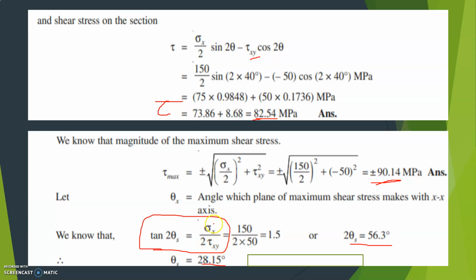Simplify this, you get 1.5. So 2 theta s is equal to tan inverse of 1.5, that is equal to 56.3. So theta s is equal to 56.3 divided by 2, that is equal to 28.15 degree. Okay, so like this you can calculate.